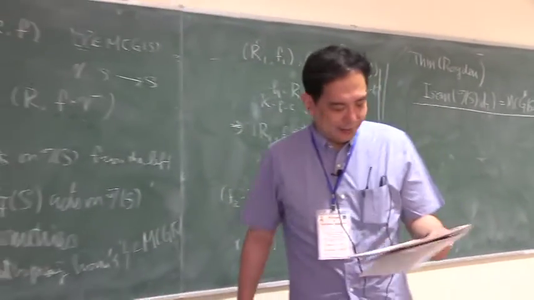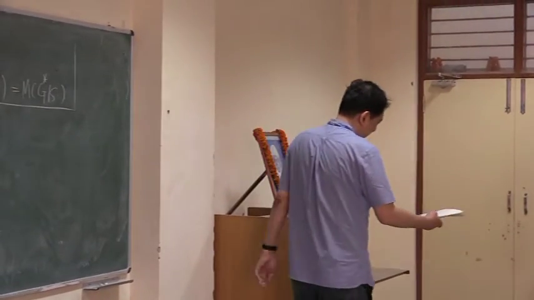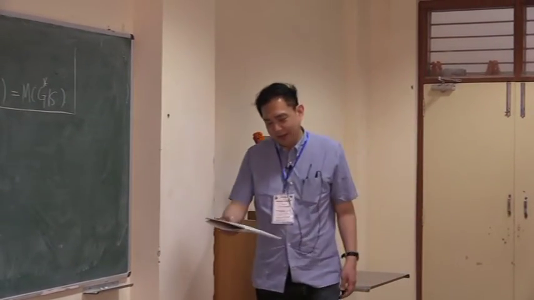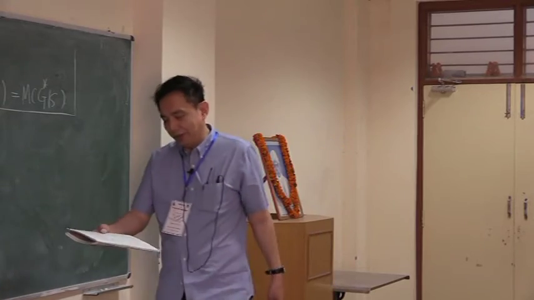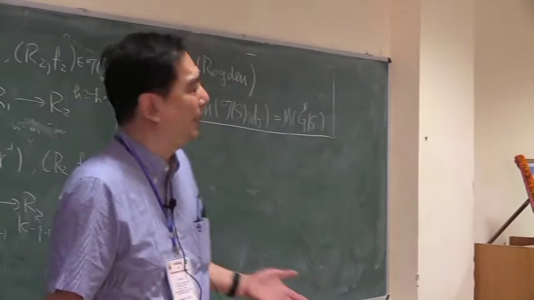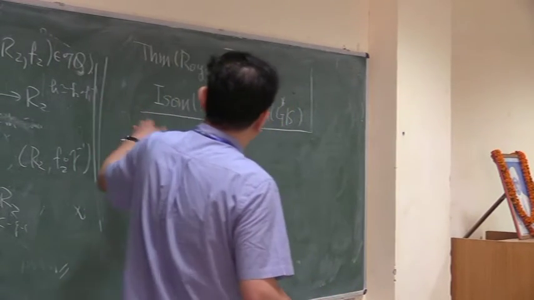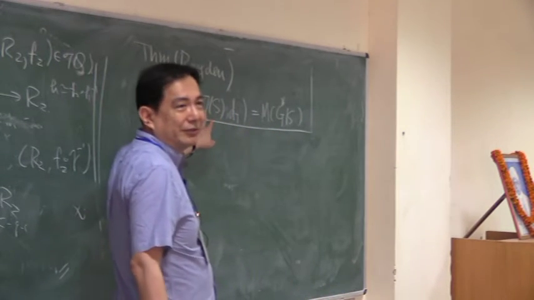But maybe tomorrow, if I have enough time, I'd like to also sketch how to prove it. So we have a stronger version of this theorem. Is the statement of this theorem clear?